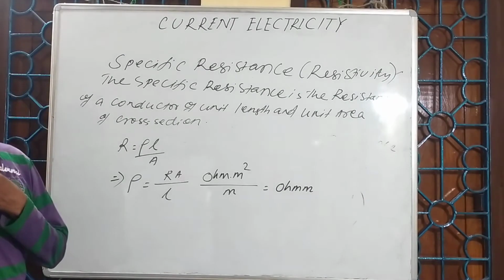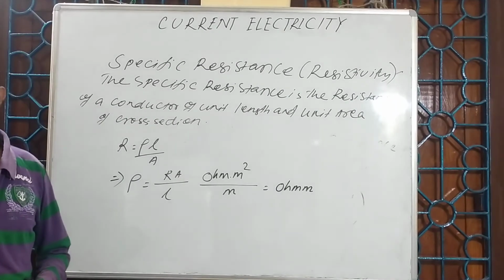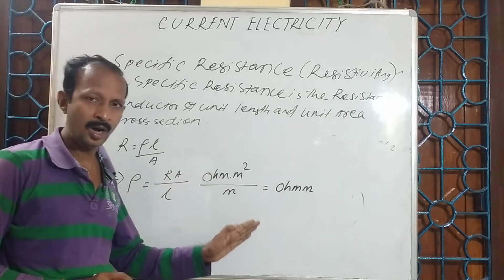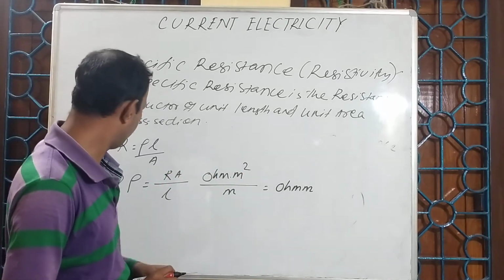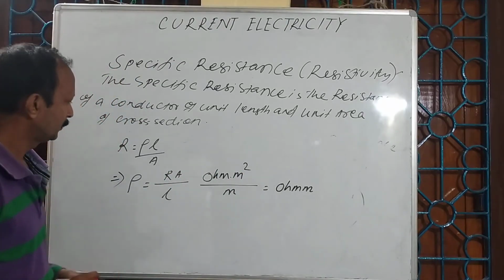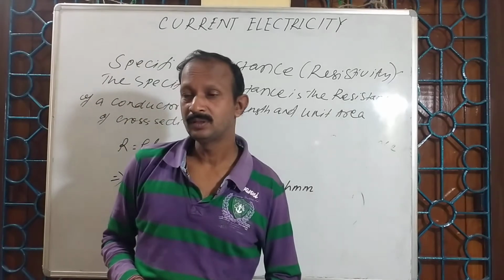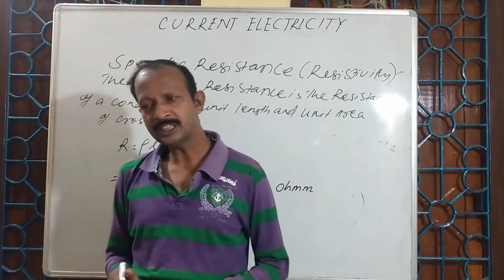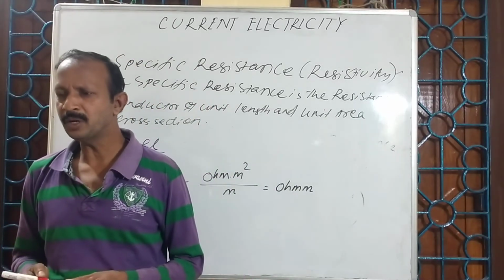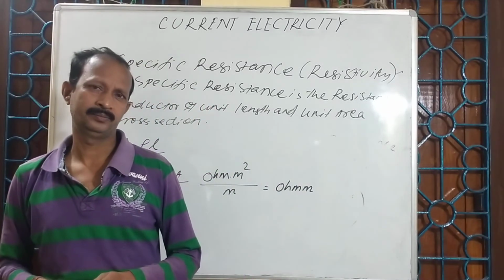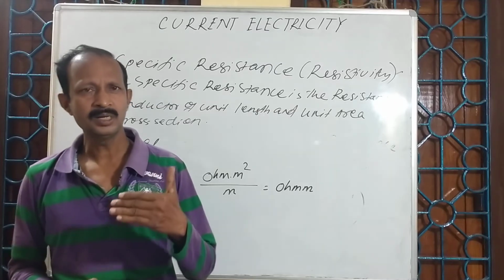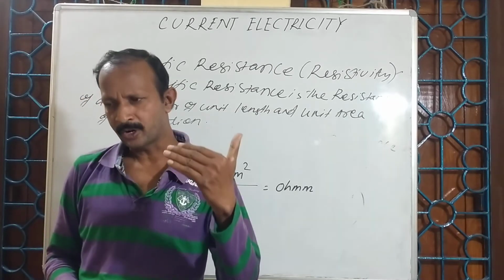This is the SI unit of specific resistance or resistivity. Okay, children? Specific resistance, or resistivity, is one of the characteristic properties.